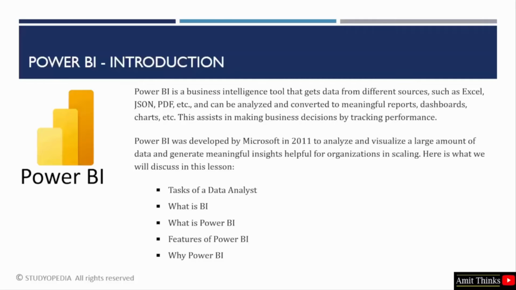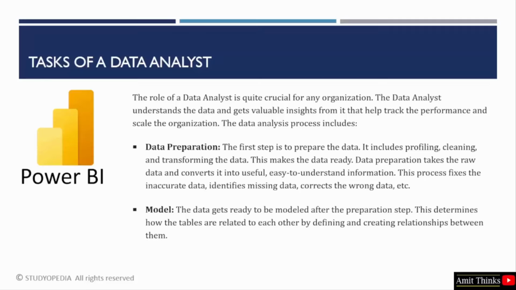First, let us see the task of a data analyst. Consider that a data analyst basically understands the data to get valuable insights from it. And all these things are used to track the performance and scale the organization. First, the data is prepared. That can include cleaning the data, transforming the data. Let's say there are a lot of duplicates in the data.